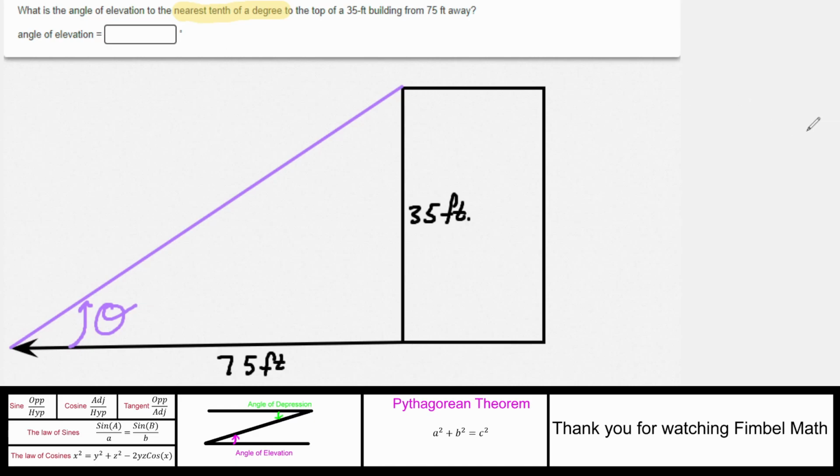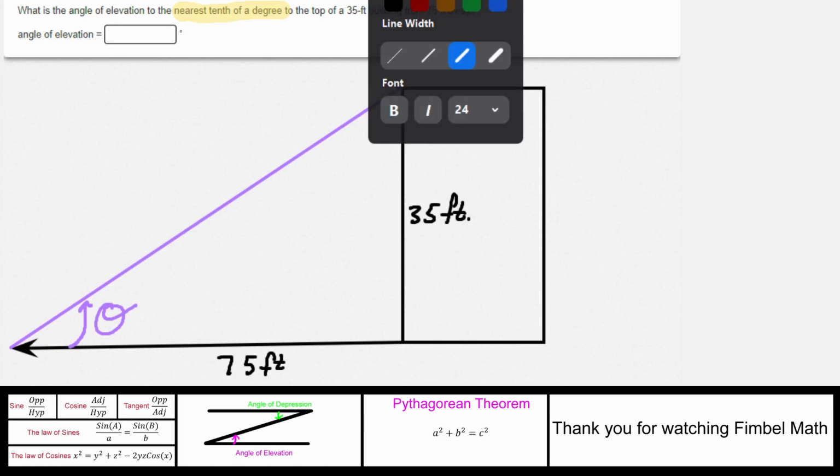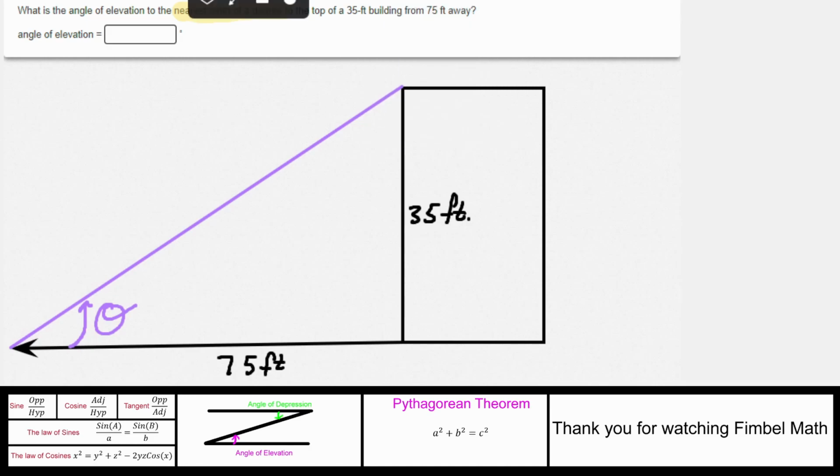So to solve this, we're going to have to figure out which trig function we want. Well, the first thing I say to do every time is looking at your reference angle, right? This is the opposite side. So I'm going to go ahead and mark that as opposite of theta.